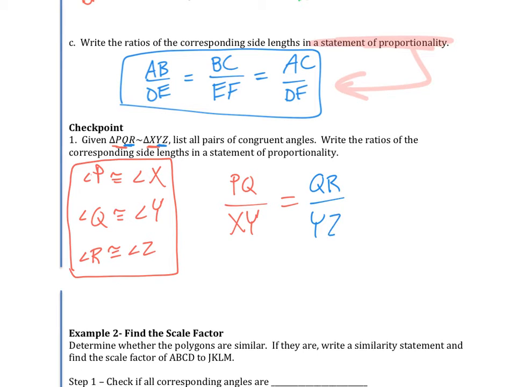So it'd be QR over YZ. And the last side lengths we're talking about would be R and P and Z and X. So it'd be RP over ZX. And this would be what we call the statement of proportionality.